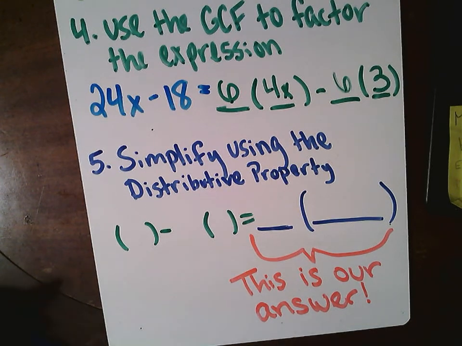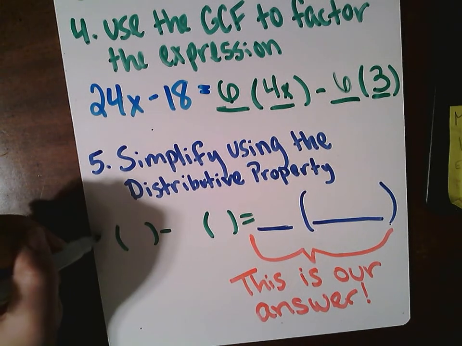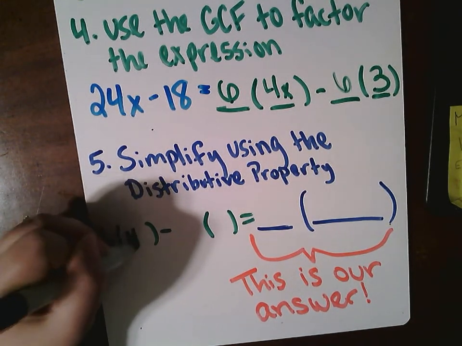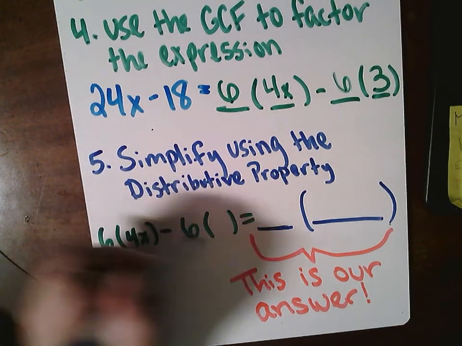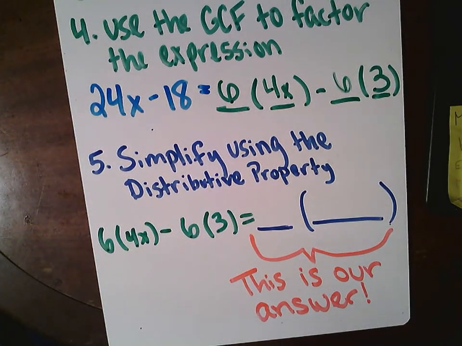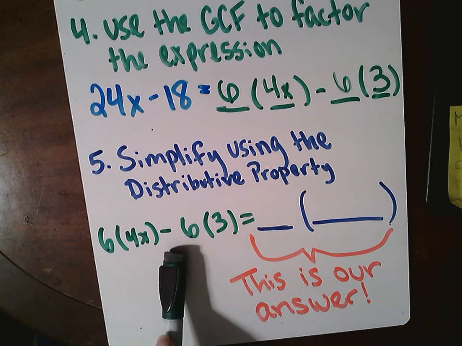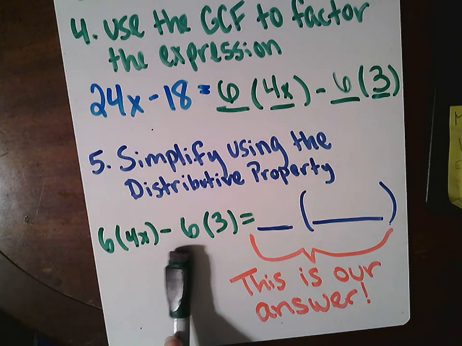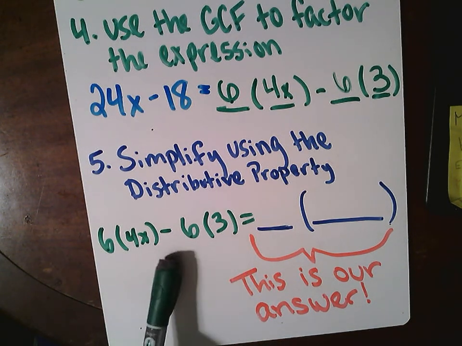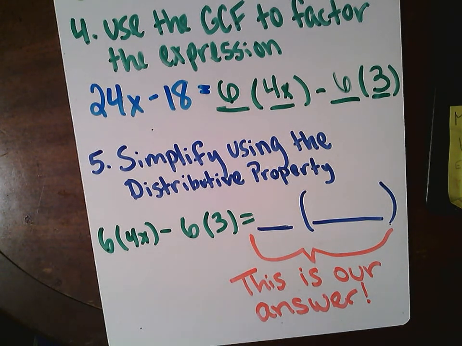So up here I filled in 6 times 4x minus 6 times 3. And so now step 5 says I'm going to simplify what's in green here using the distributive property.